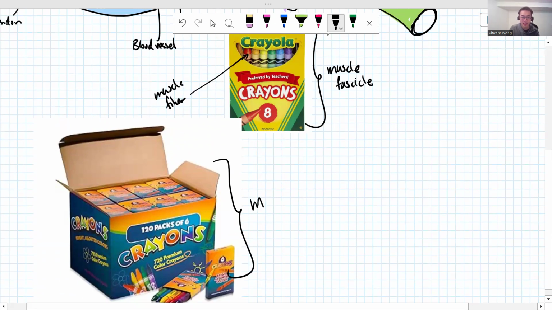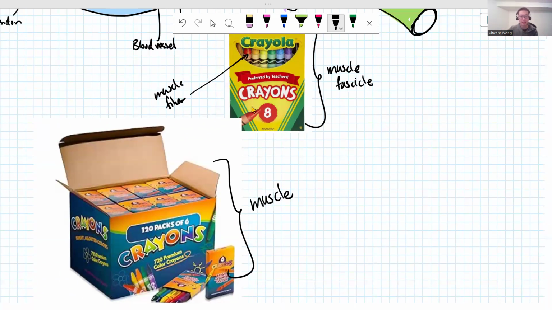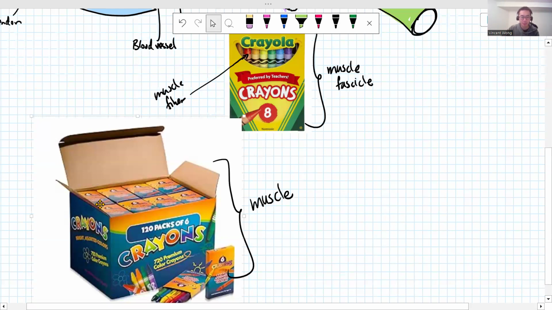Then the whole box is like the muscle. The muscle, if you open it up, is basically a bunch of these muscle fascicles. And if I take out one of those packets of crayons, I have the individual crayons. It's just a layer within a layer within a layer, right?